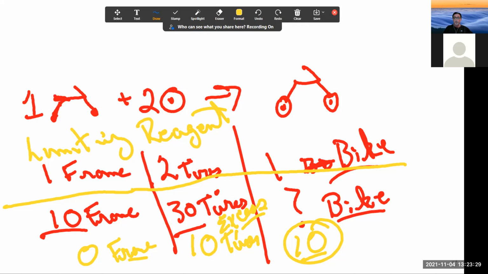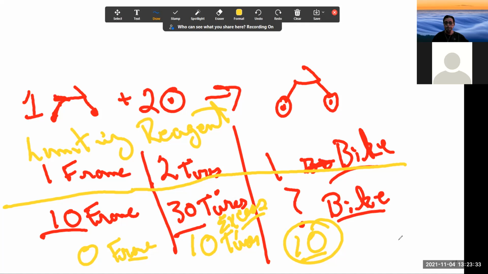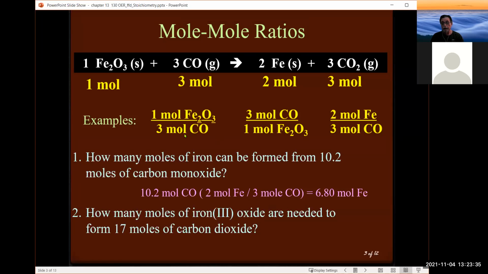And so for the examples that we'll be doing, iron 3 oxide will be in excess, because our only concern based on the equation was the relationship between carbon monoxide and the iron.